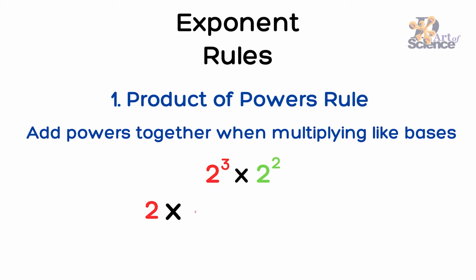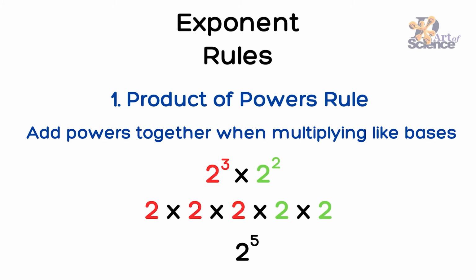Now if we expand this, it simply looks something like 2 times 2 times 2, which is 2 to the power 3, multiplied by 2 times 2, which is 2 to the power 2. Now if you notice, this is nothing but 2 multiplied by itself 5 times. So this can be simply written as 2 raised to the power 5.